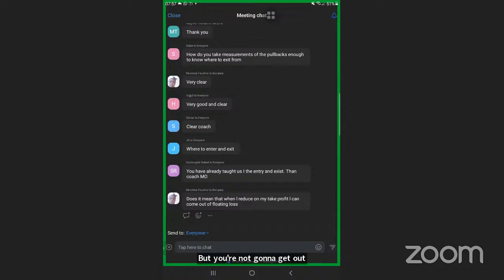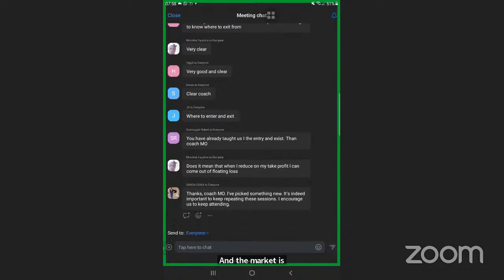Because you probably entered at a higher price, or the market went down against you, you are still hanging up there, and the market is far down from your entry. So it needs to come back to you.